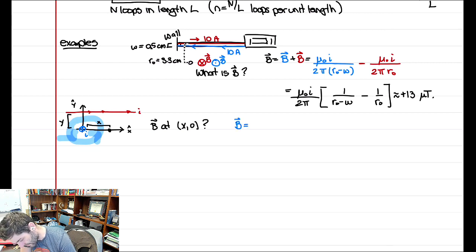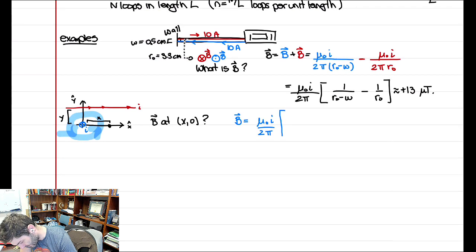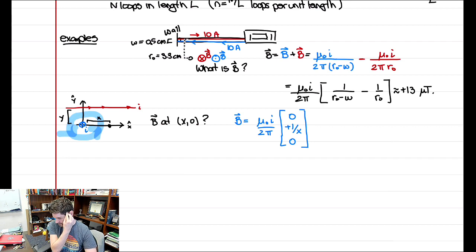The blue, I expect to be pointing straight up, so I have mu I over 2 pi, and I'm going to write it as a column vector this time. It's pointing straight up, the x component is 0, the z component is 0, and the distance from the wire is just x, so it's plus 1 over x. This magnetic field only has a y component, right? Don't confuse that it only depends on x to mean it has an x component.